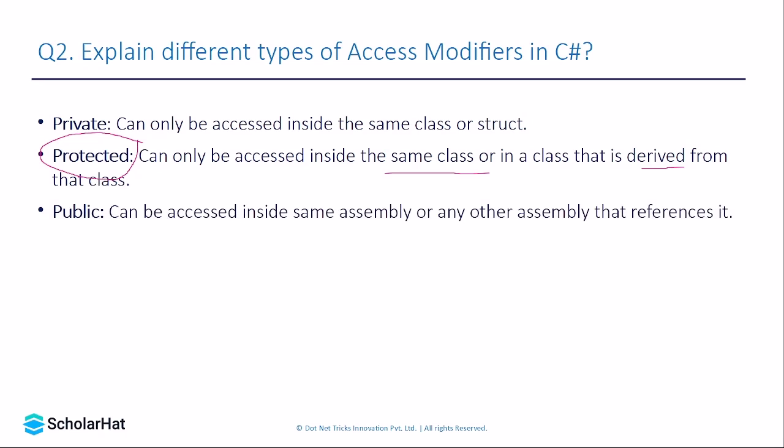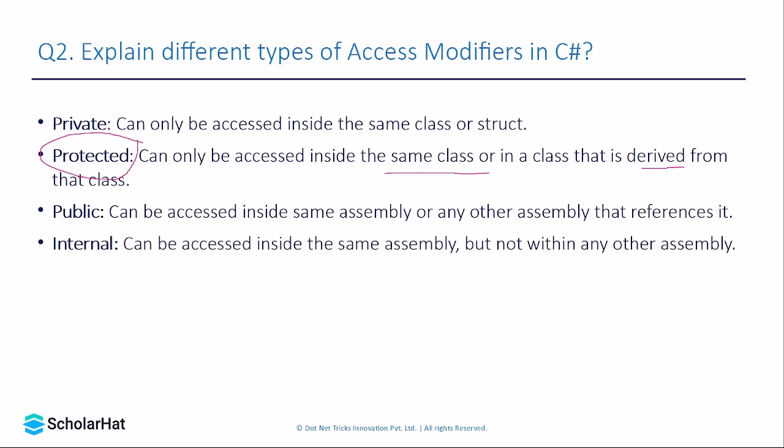The next is public. As the name suggests, public can be accessed inside the same assembly or any other assembly that references it. In short, you can say that public has the least restrictions and can be accessed approximately anywhere.